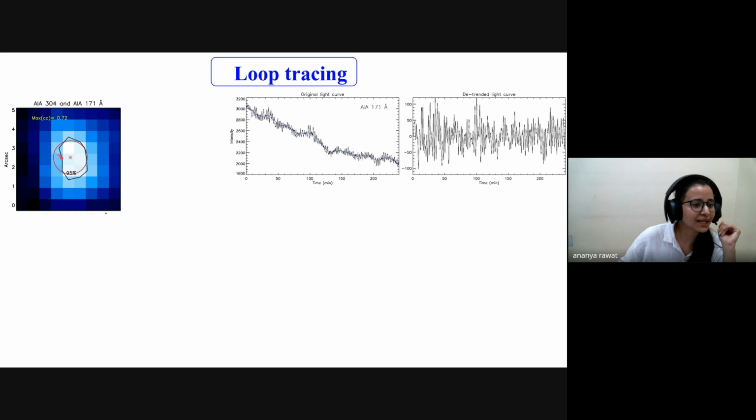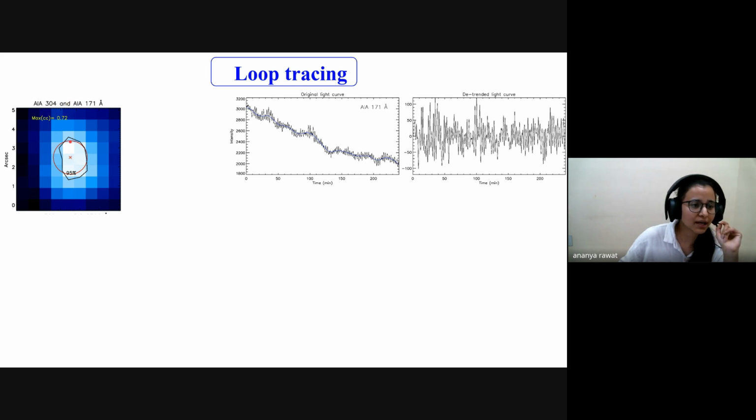In this patch, we can see this red circle, which is the cross-section of the loop in the corona, which we can see in the coronal images. This contour depicts the loop cross-section at the transition region, and the center of this loop represents the loop location at that atmospheric height.